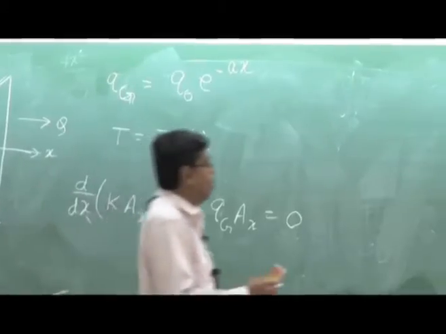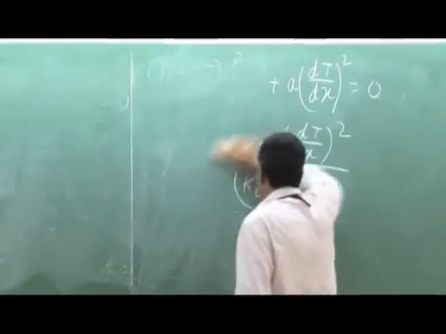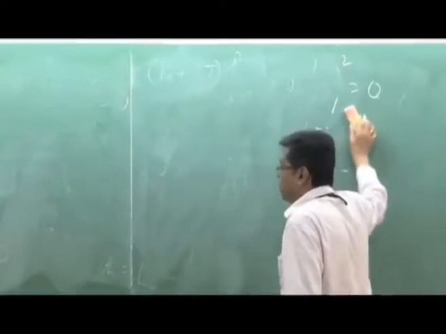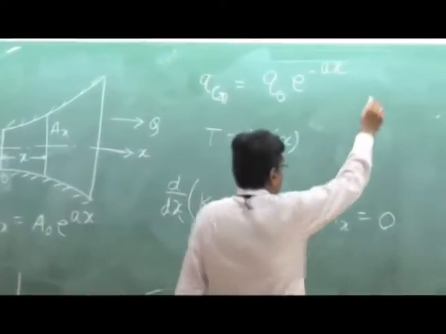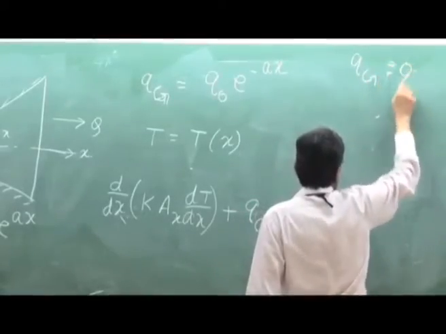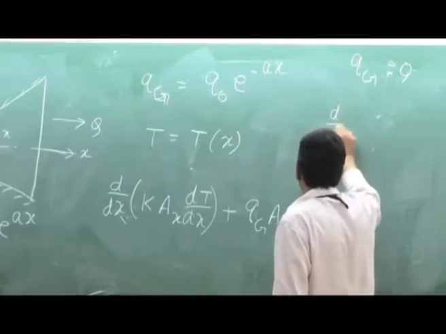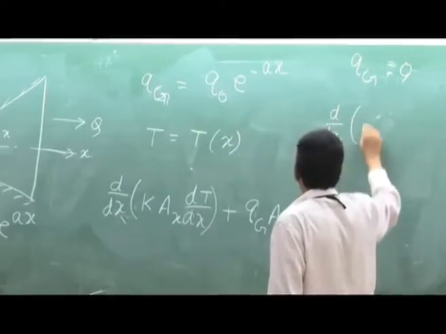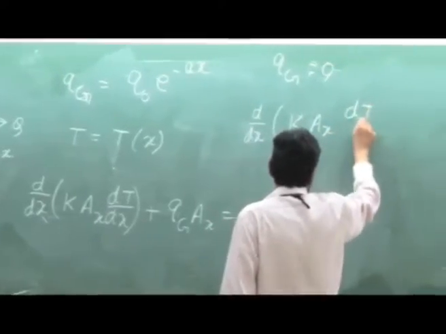When Qg is 0, that means there is no volumetric heat generation, then it is very simple, then d/dx of k A(x) dT/dx is 0.